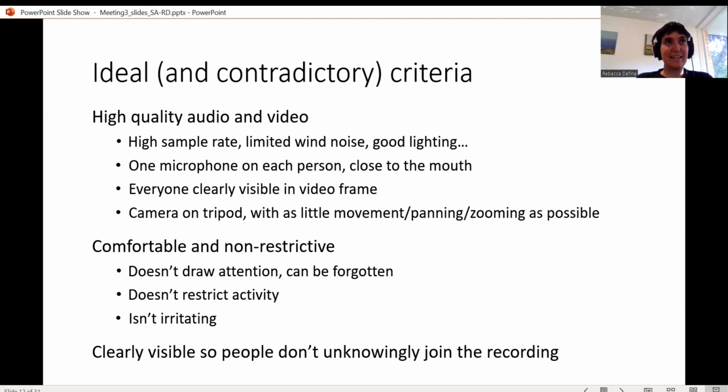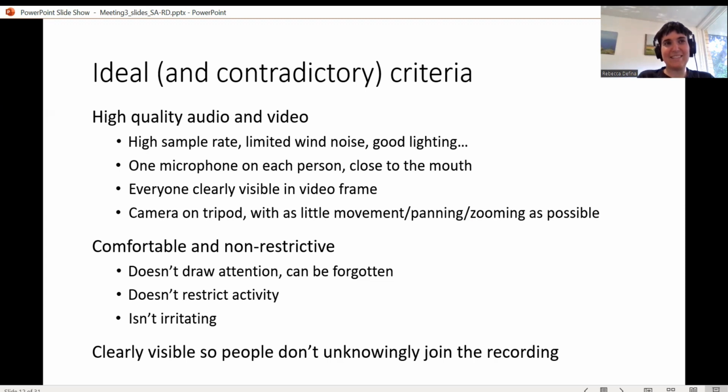And then it gets really contradictory, because you also want the recording setup to be comfortable and non-restrictive. So you want it not to draw attention. You don't want the recording setup to be the focus of the talk.